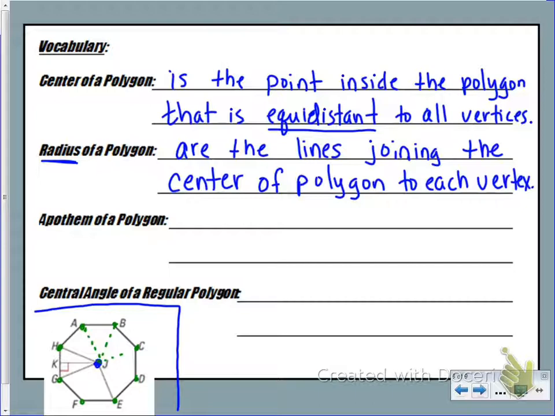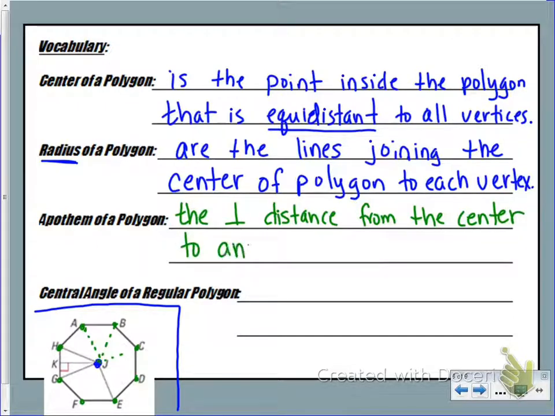The apothem of a polygon is the perpendicular distance, so it must make a right angle, from the center to any side. So if we look at our picture, the apothem is going to be the perpendicular distance from the center to any side.